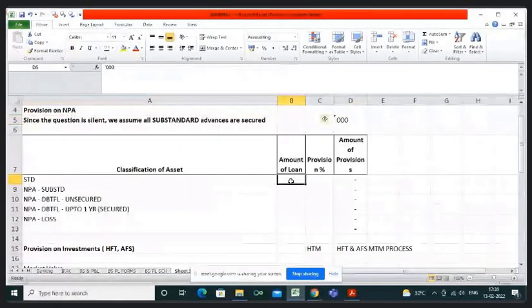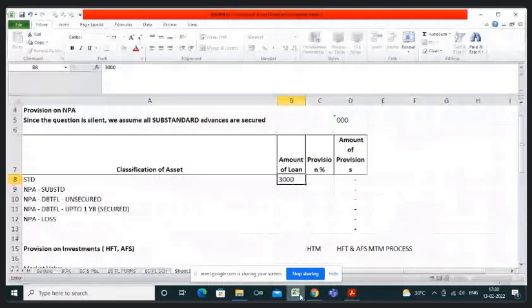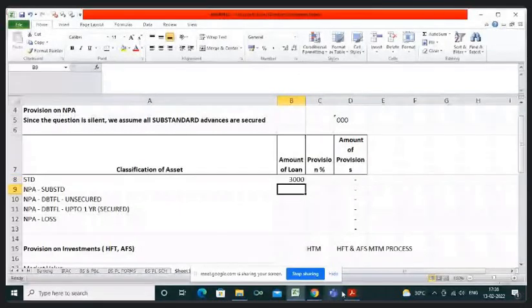So I will start with the standard asset. What is the amount of standard asset? 3000. And NPA substandard, 1120.